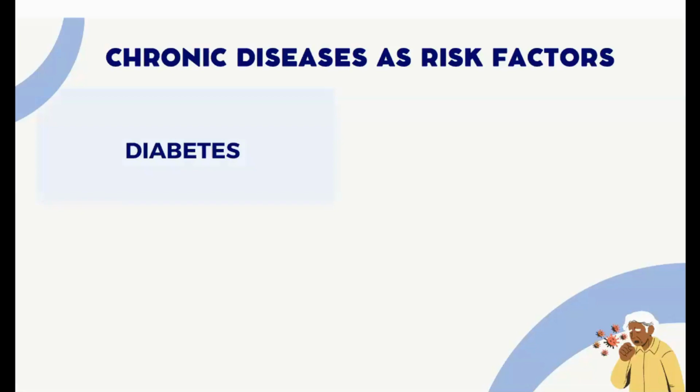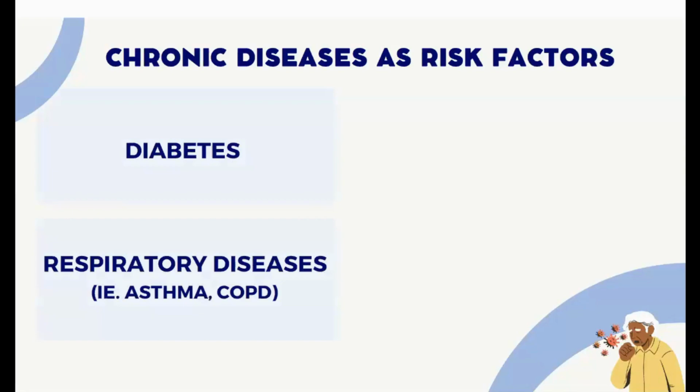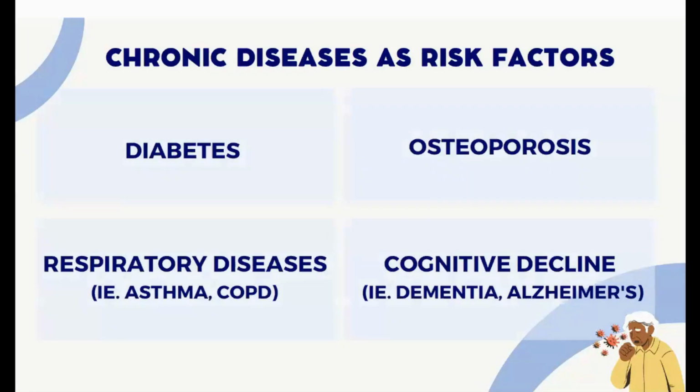Some of these diseases that negatively impact our oral health include diabetes, respiratory diseases such as asthma and COPD, osteoporosis, which actually breaks down the jawbone and then shifts the alignment of your teeth, and cognitive decline as well, such as dementia and Alzheimer's, because as cognitive decline progresses, we might be less likely to take good care of our teeth.